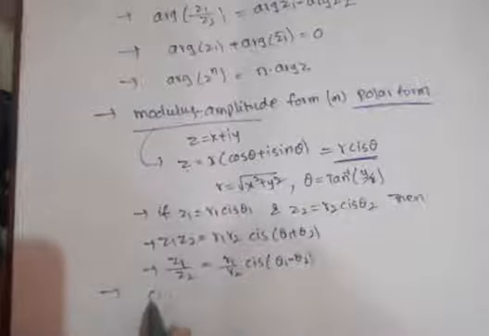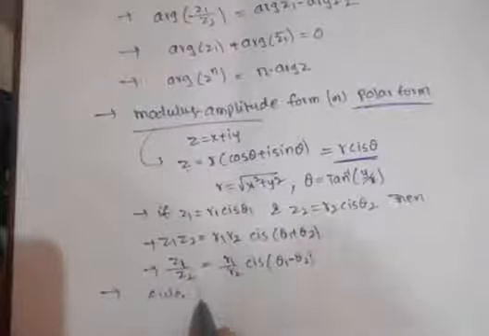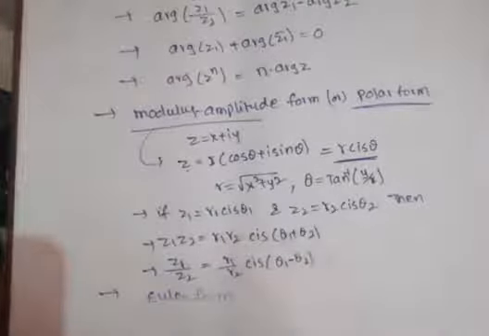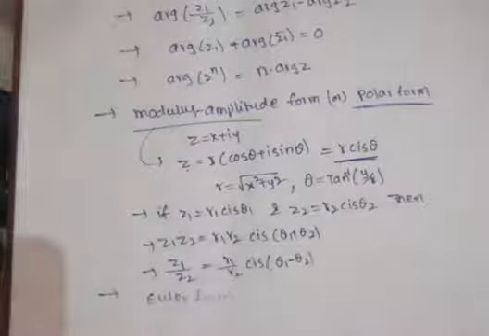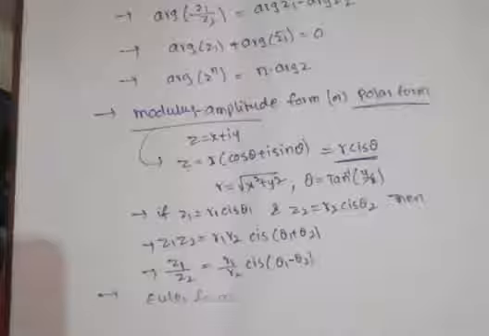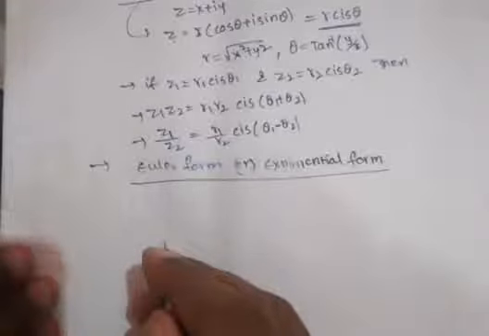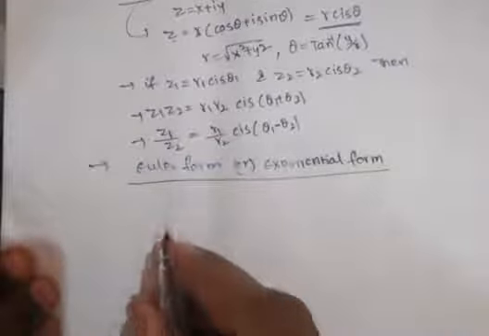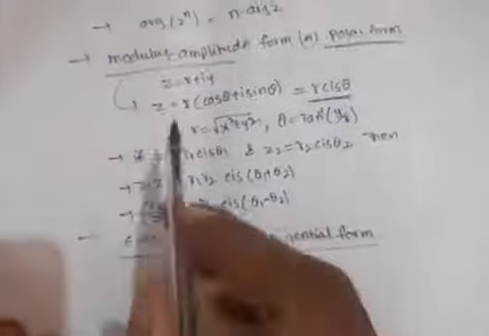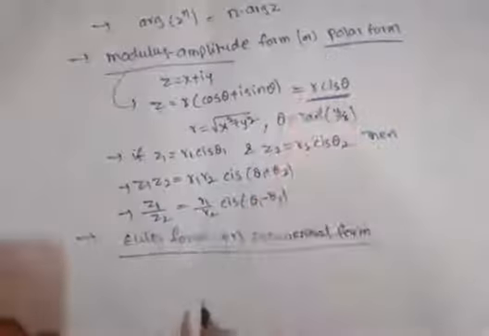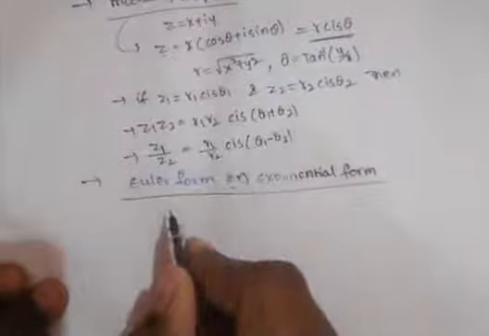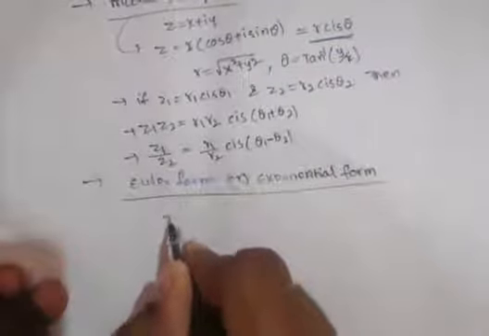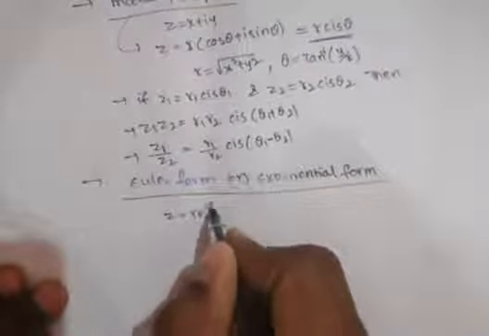The next one is Euler's form or exponential form. Previously we discussed modulus amplitude form or polar form. Now Euler's form or exponential form is nothing but z is equal to r into e power i theta.